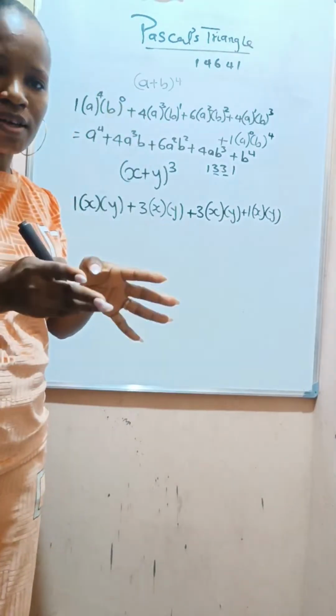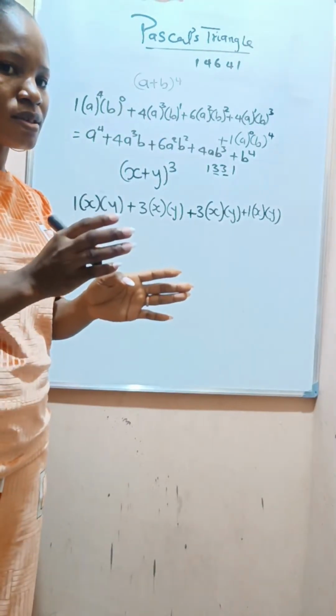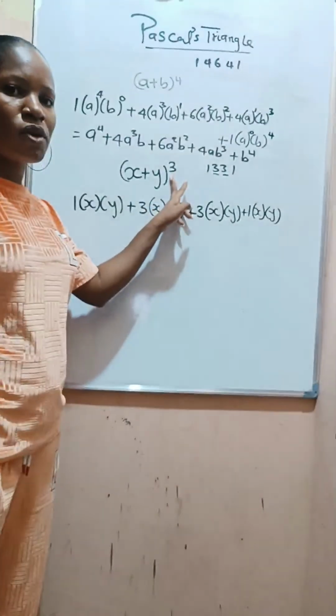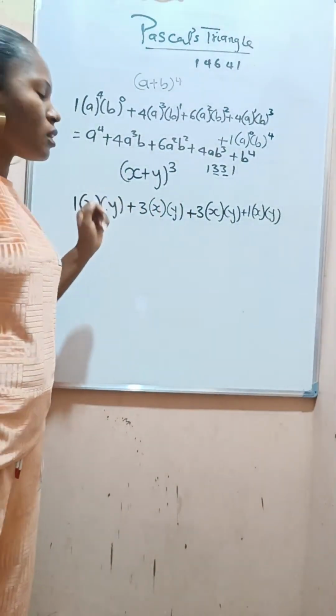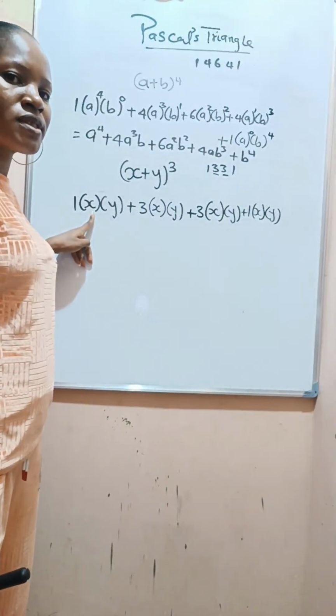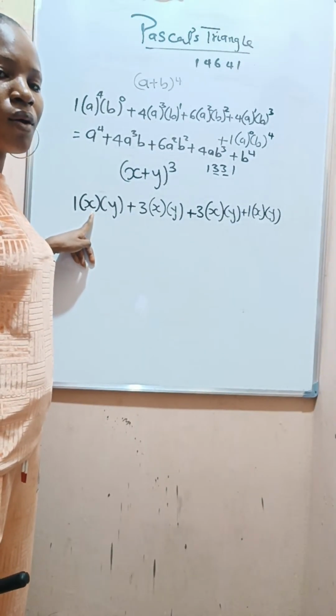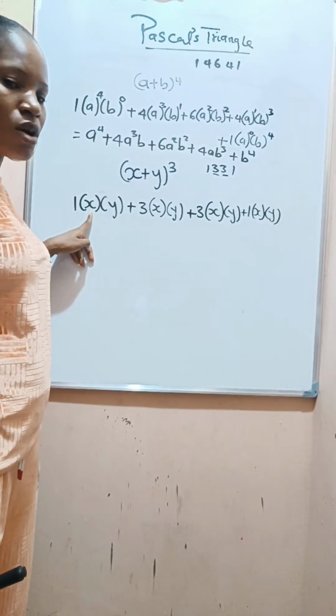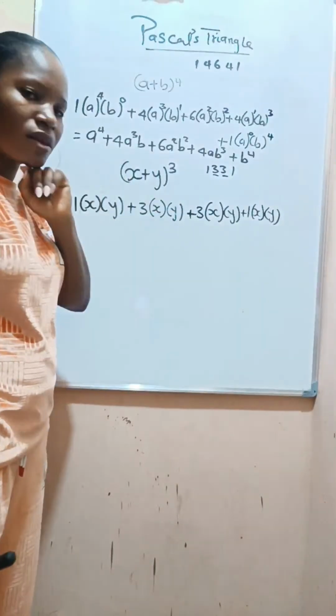Then what do I do next? Very easy. This is the highest power, which is 3. Just write that power as the power of your first term. Our first term here is x, so that is what will carry the 3.